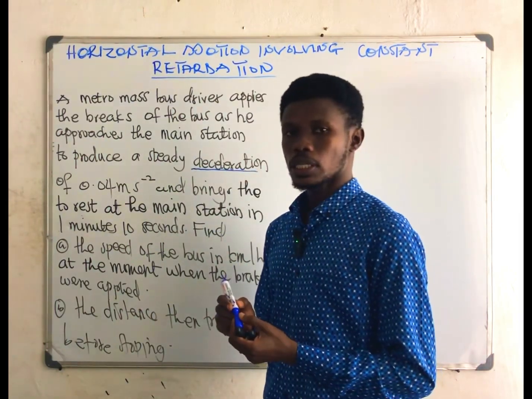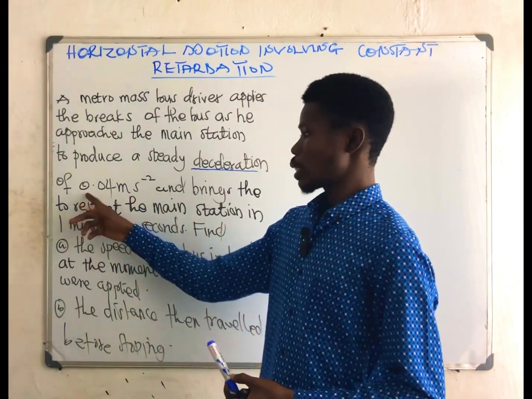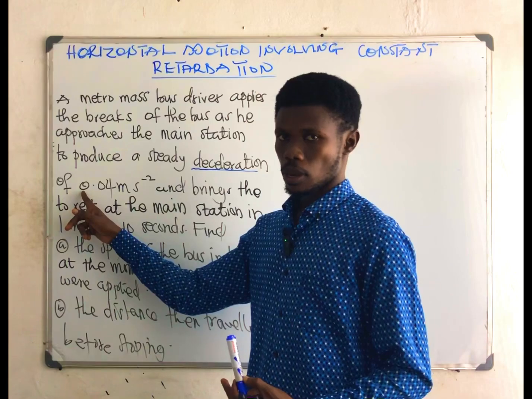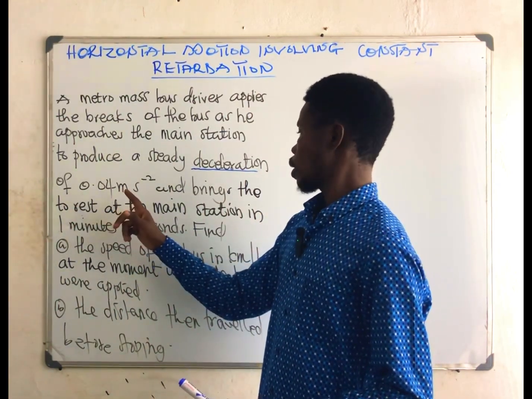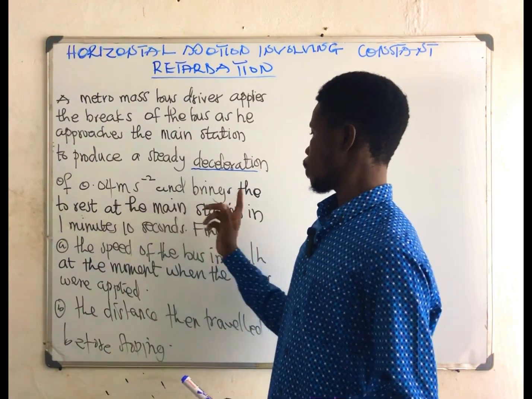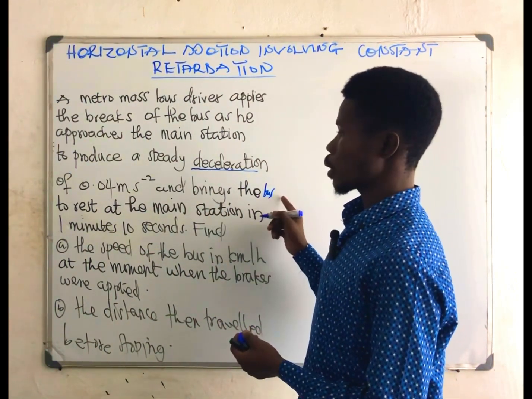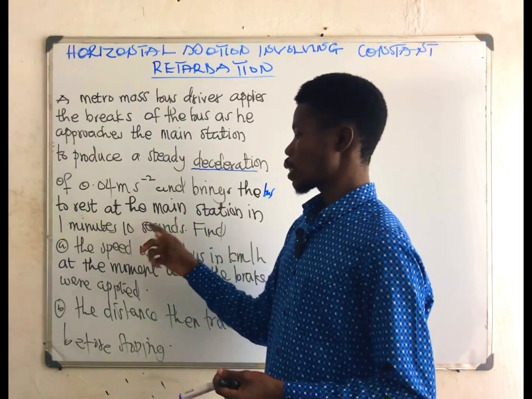In some questions, it will not be mentioned that it is deceleration, but you will see that the acceleration is negated. I hope you understand what I'm saying. And brings the bus to rest at the main station in 1 minute 10 seconds.